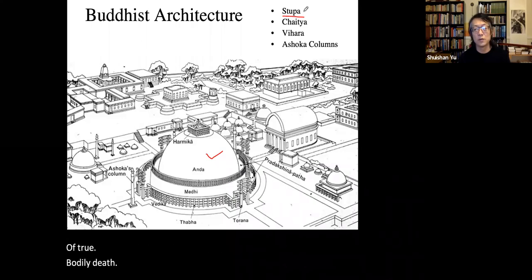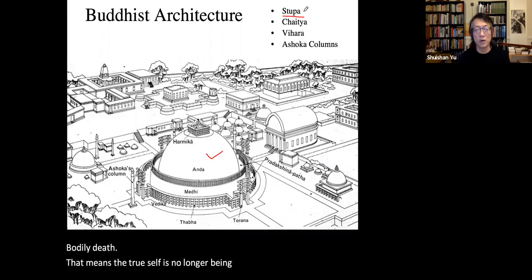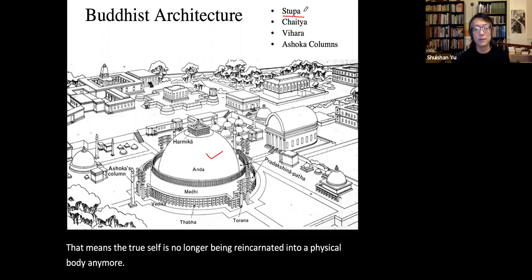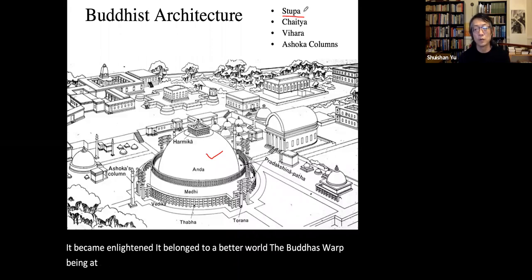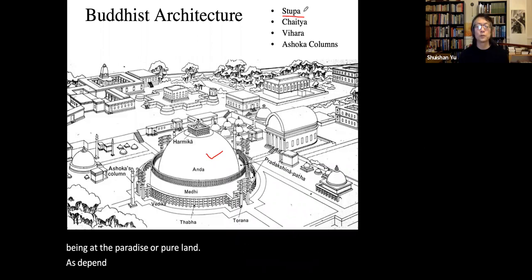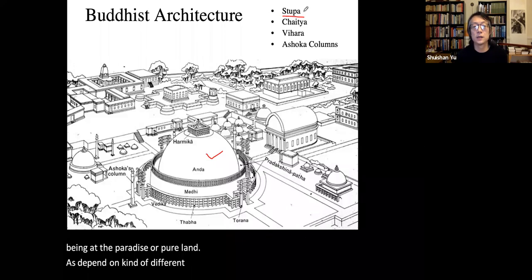That means the true self is no longer being reincarnated into a physical body anymore. It became enlightened. It belonged to a better world, the Buddha's world, be it paradise or pure land. It depends on different schools of Buddhism, but that is Nirvana.